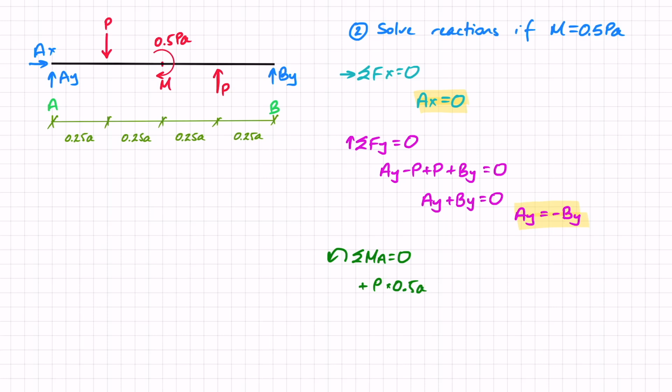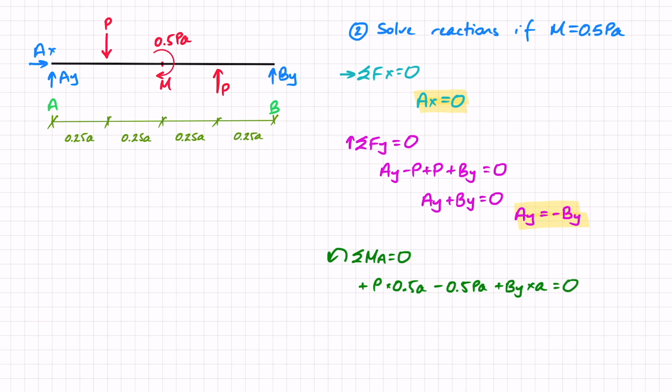Then I've got this moment. It contributes a pure moment, so I only need to take into account the moment. There's no distance to take into account here. I can see that it is turning clockwise, which means negative, so minus 0.5pa. And I've got a moment from BY, so that is plus BY times a equals 0.